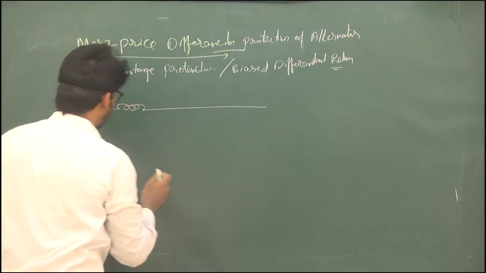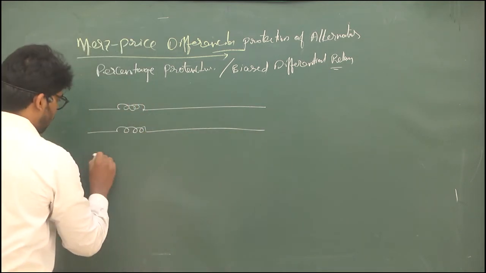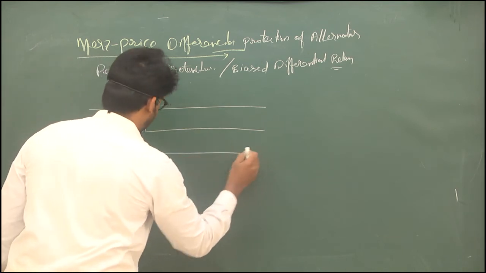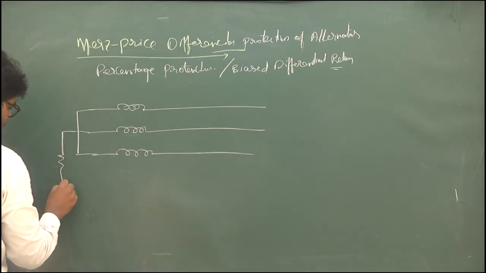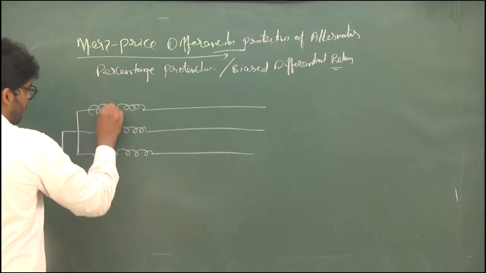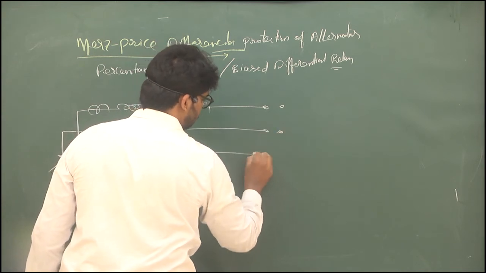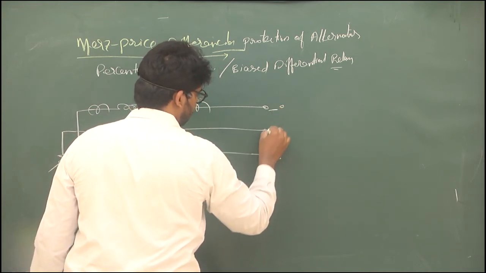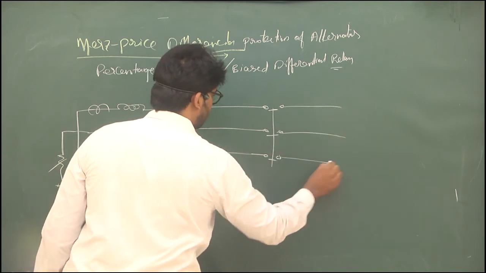If you understand the science behind it, the flow of currents and all, everything will be understood easily. So here we'll connect this to, as we know, the stator winding, and we'll have CTs here. This is connected to the external circuit.